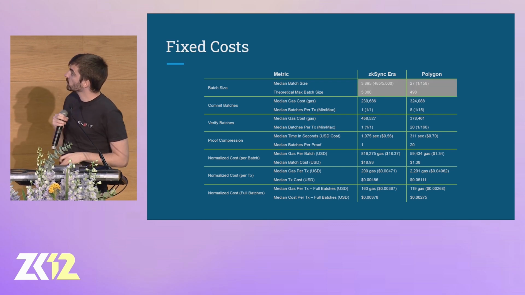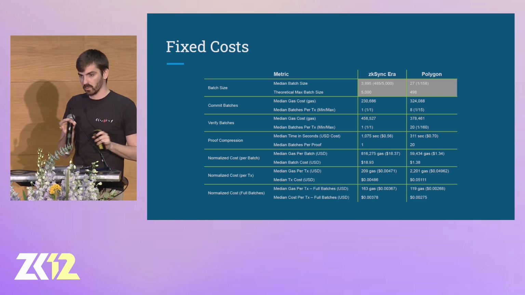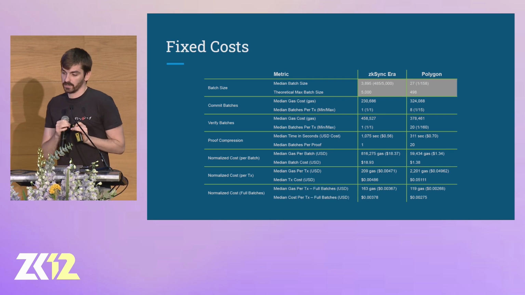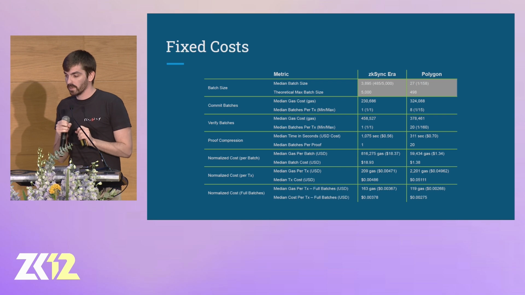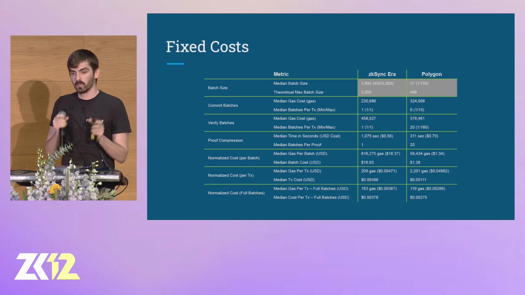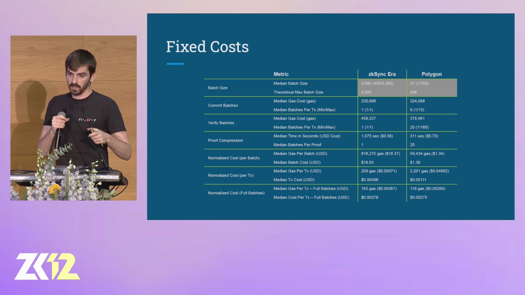And I want to start with describing the first major change between the two approaches. ZK-Sync has really huge batches, whereas Polygon works in smaller batches that then aggregates multiple batches into a single proof.